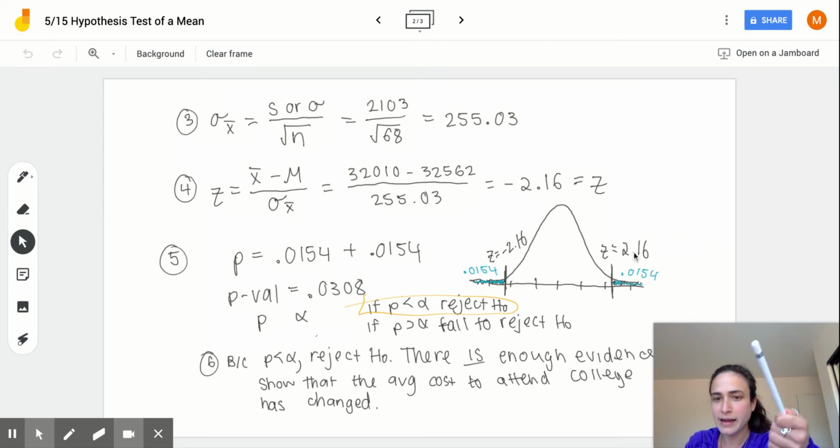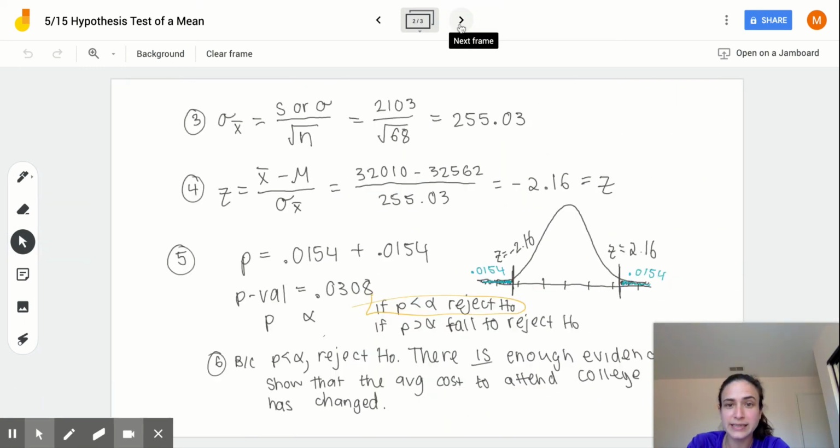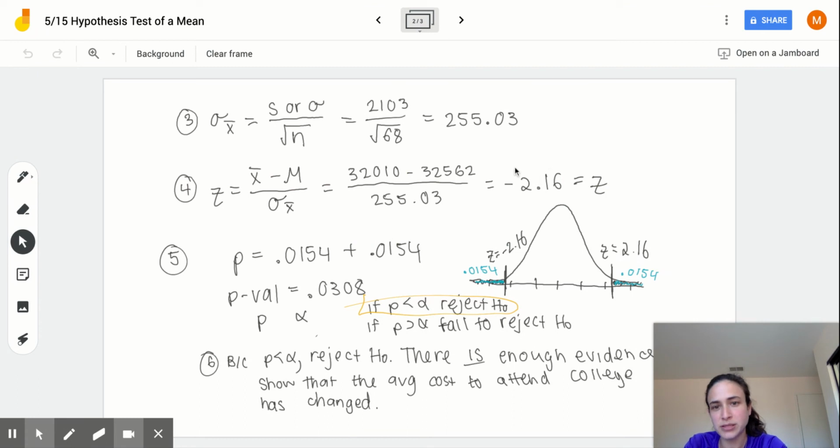Now, why did I put this one on the other side? Well, that goes back to your alternative hypothesis, because remember, that tells you which way to shade. So in this case, we see a not equal to instead of a less than or greater than. So how are you going to know which way to shade if it just says not equal to? Well, the answer is you have to shade both ways. So what I did was take the absolute value of this z-score, or the opposite really.